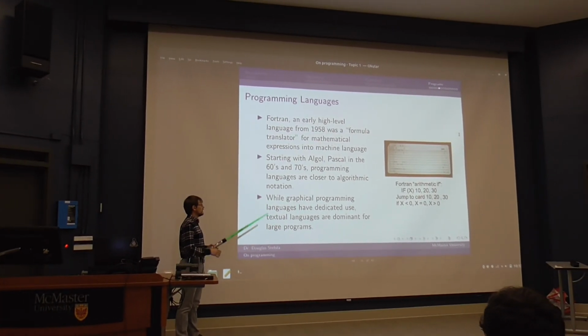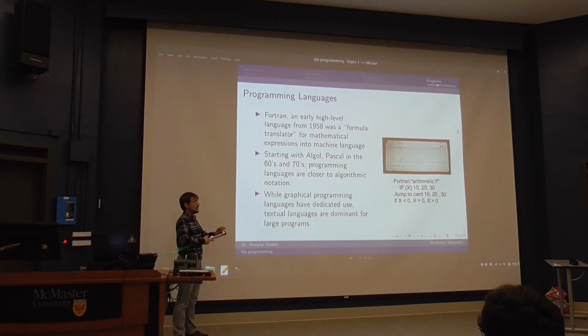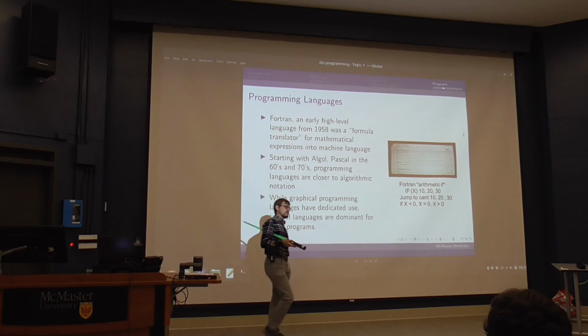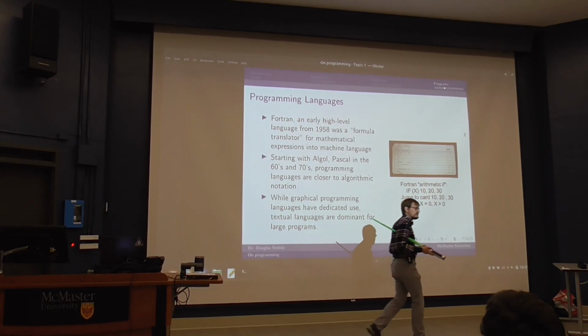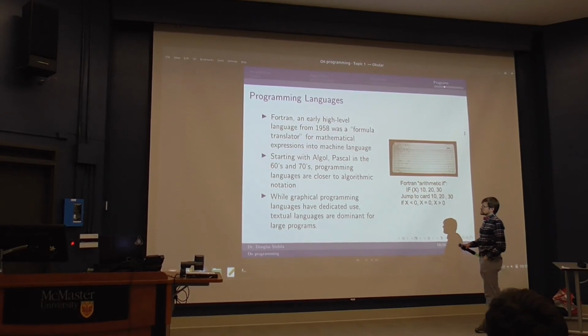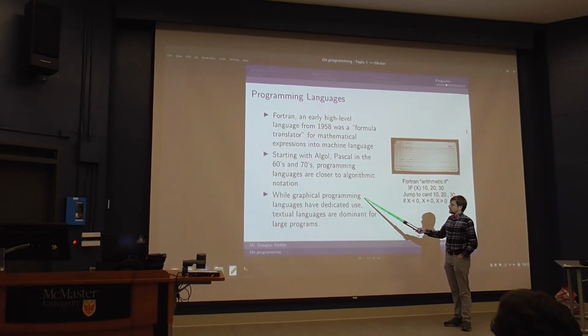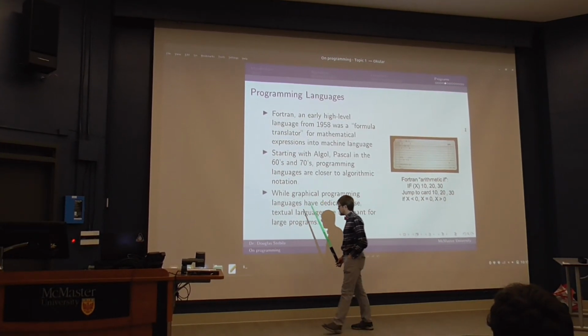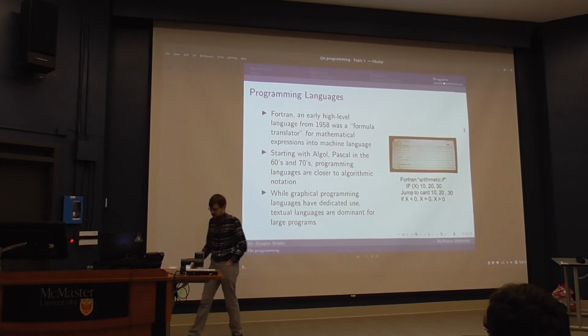So, from there, we get languages like ALGOL and Pascal in the 60s and 70s. In the early 70s, you also have the development of C and the proliferation of C-based languages in the following decades. While graphical programming languages have a dedicated use, textual languages are dominant for large programs.